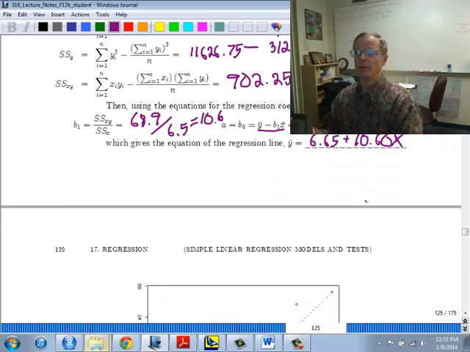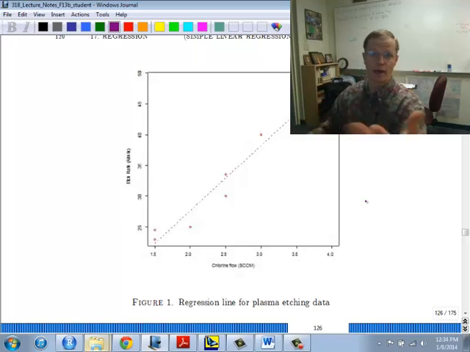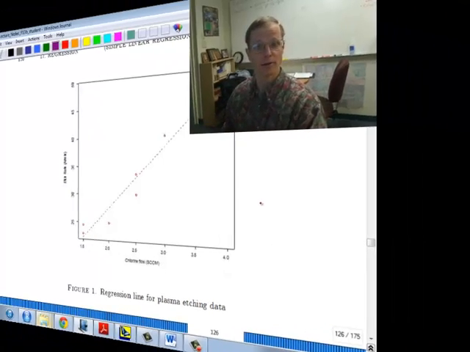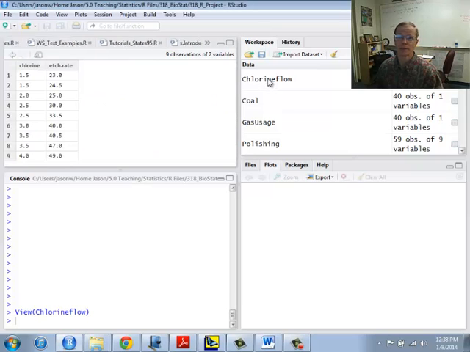Now, it'd be nice to take a look at it in the plot. So in your notes, I have this display. Let's turn to R. Here's how to do the chlorine flow example on R, at least to start. Data should be in the basic load of files. We've got chlorine etch rate. Here it is.